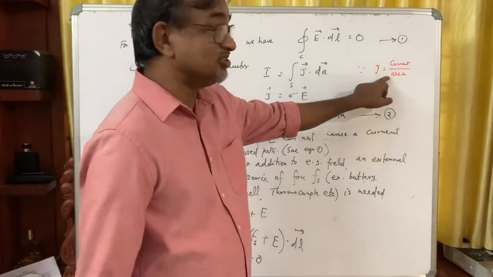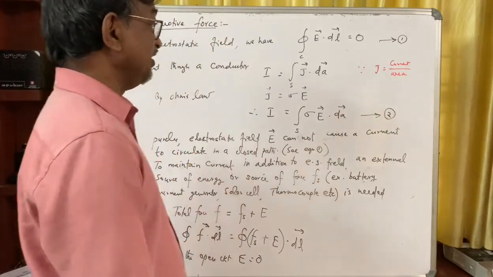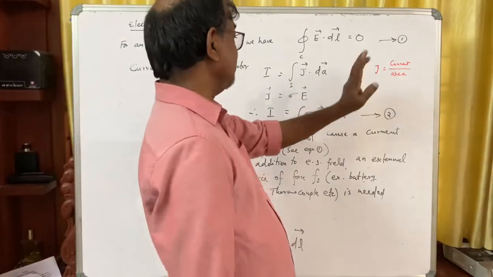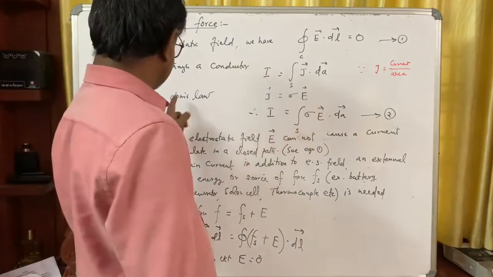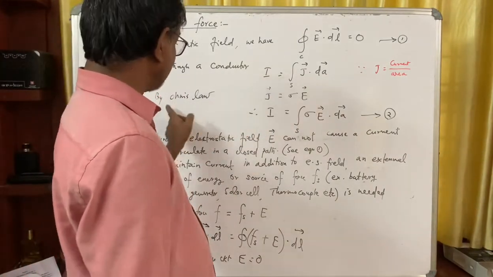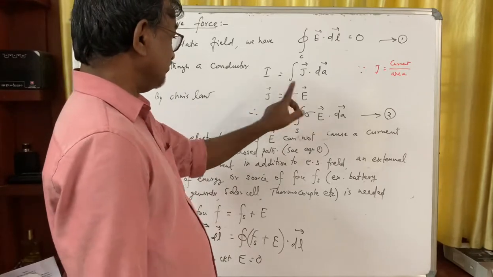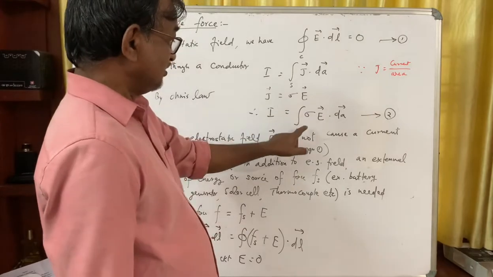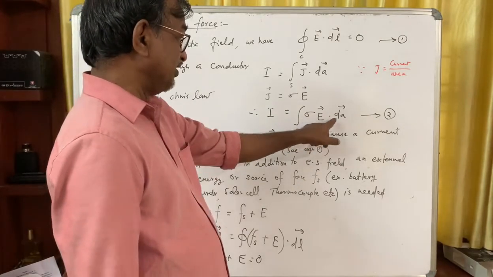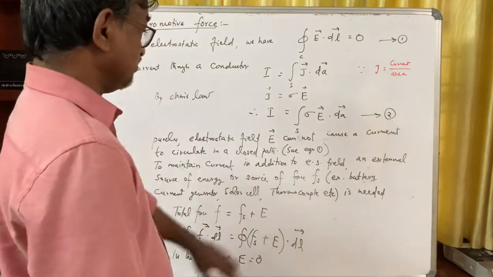This is derived from J equal to current by area, so current is equal to J into area. But here, we can substitute J by Ohm's law, J equal to sigma E. Substituting in this equation, we get I equal to surface integral sigma E dot dA. That is equation number 2.